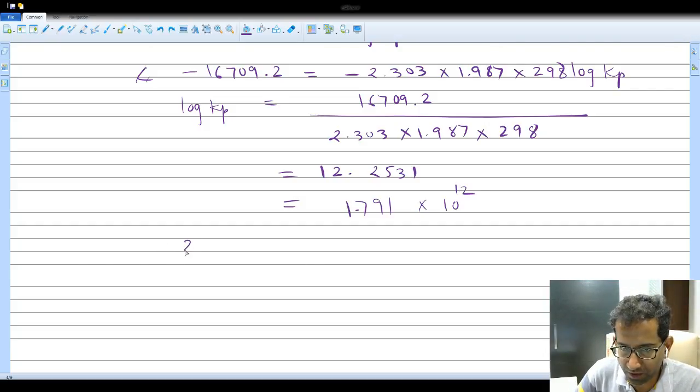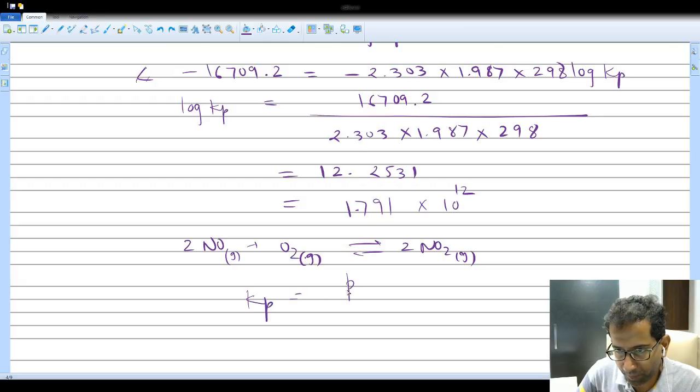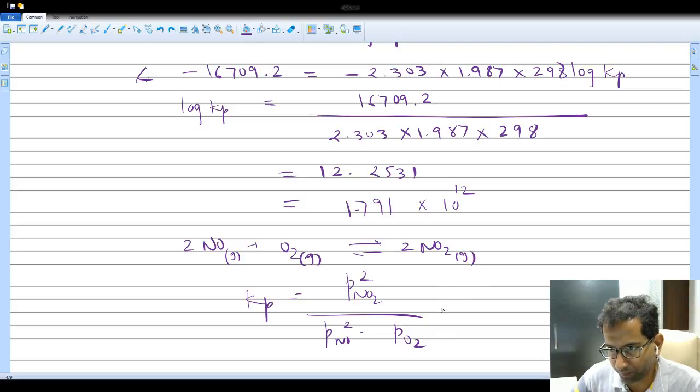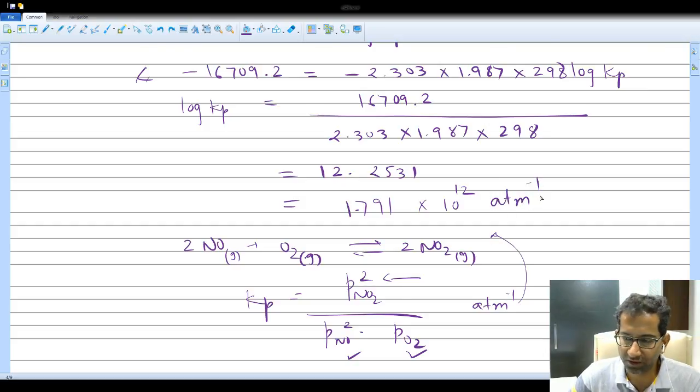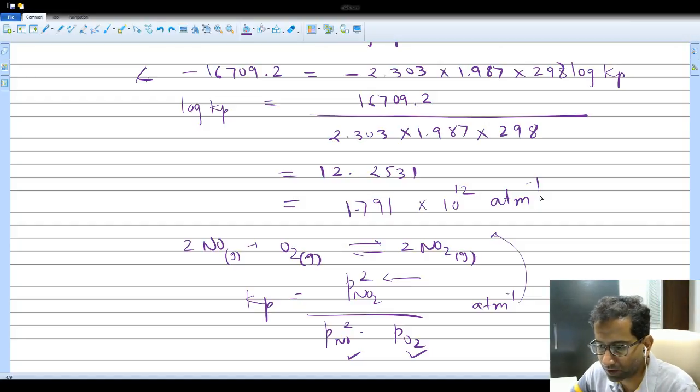Now our equation is twice NO gas plus O2 gas reversibly twice NO2 gas. So Kp will be P of NO2 square upon P of NO square into P of O2. So it will be atmosphere square over atmosphere square, atmosphere. So it will be atmosphere inverse. So your unit will be atmosphere inverse. Clear?